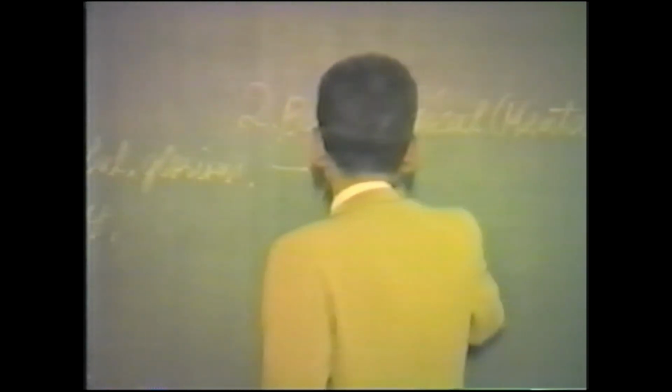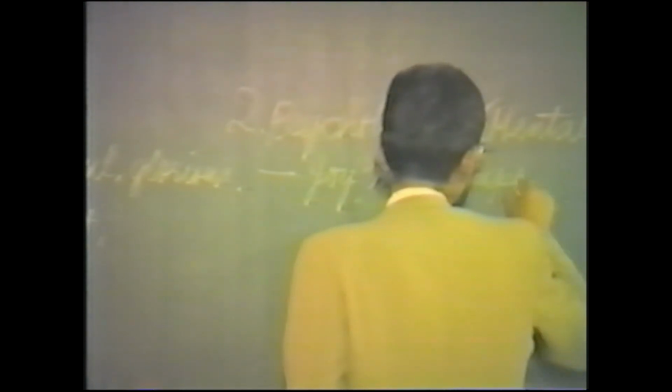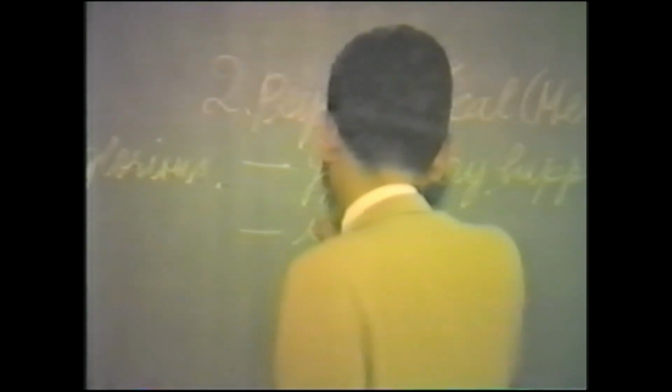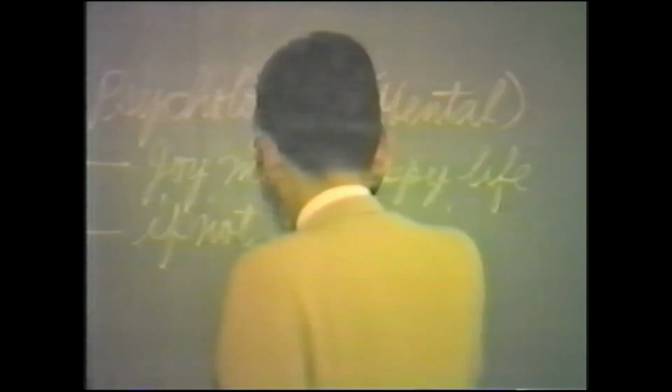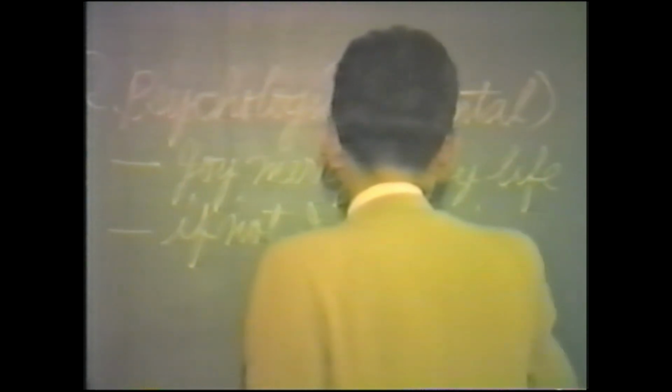In this world, therefore, joy, merry, and happy life. Life is joy, merry, and happy. If not, I illusion myself.